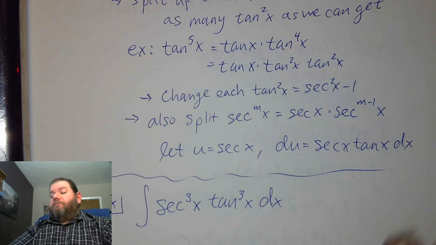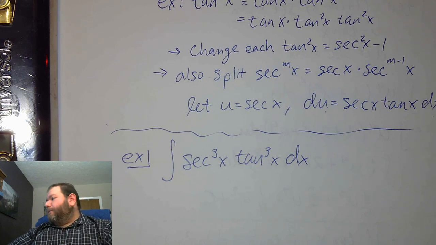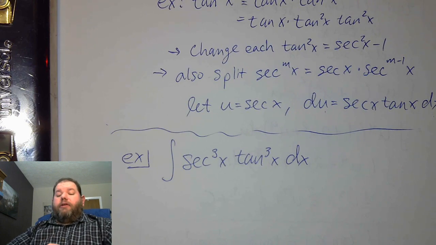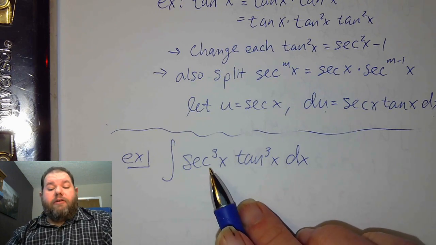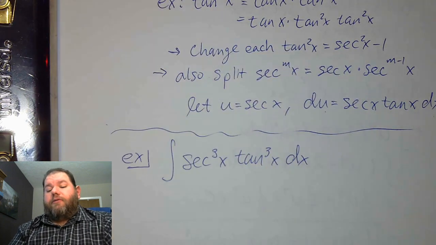So we have secant cubed x times tangent cubed x dx. Now, we have an odd number of tangents. We do not have an even number of secants, so we can only use the second method here. There could be a scenario where we have both an even number of secants, which was case 1, and an odd number of tangents, case 2.